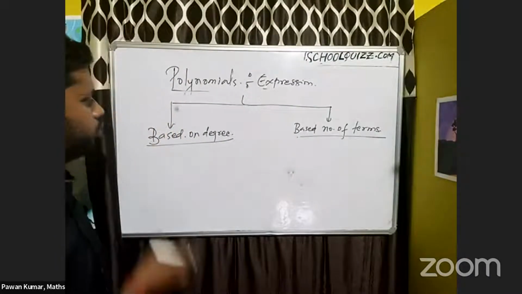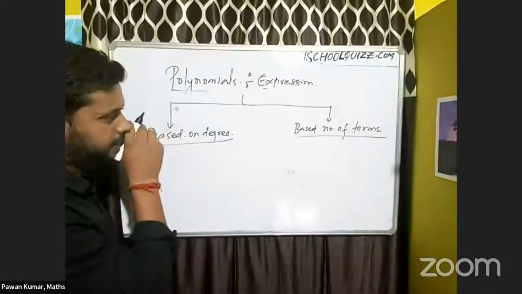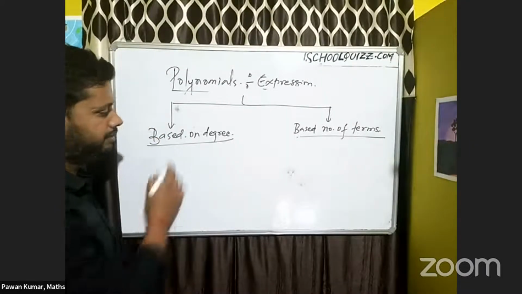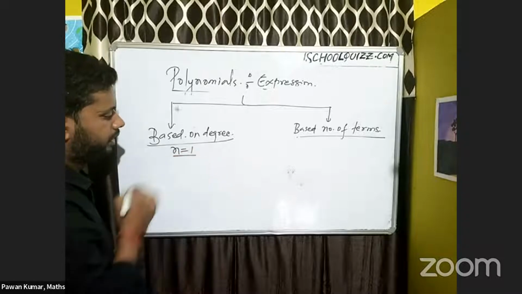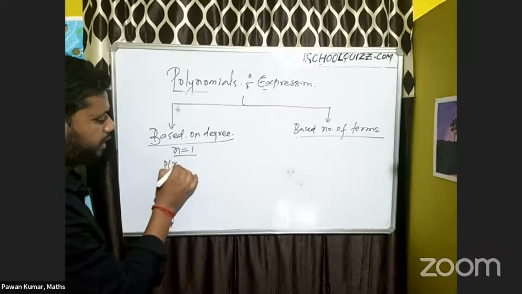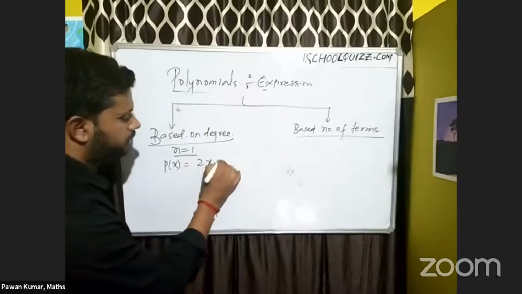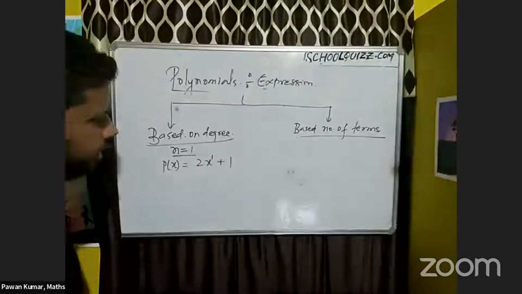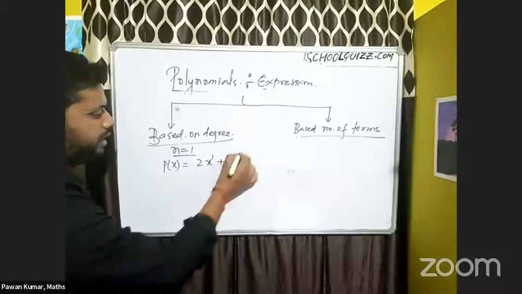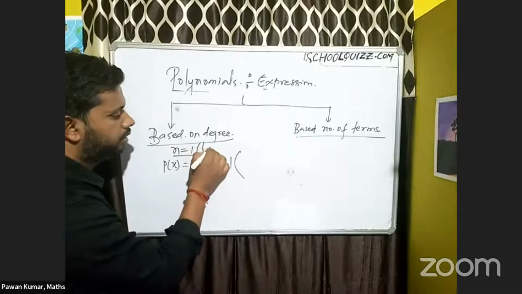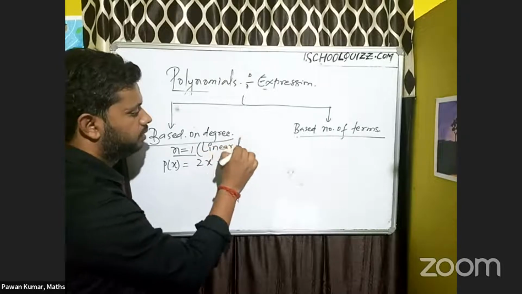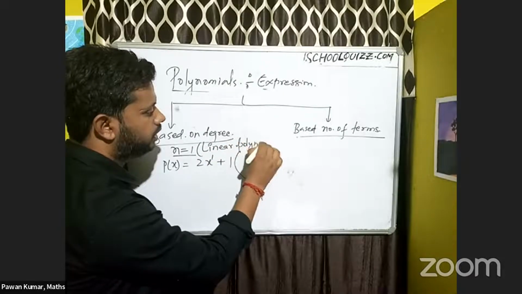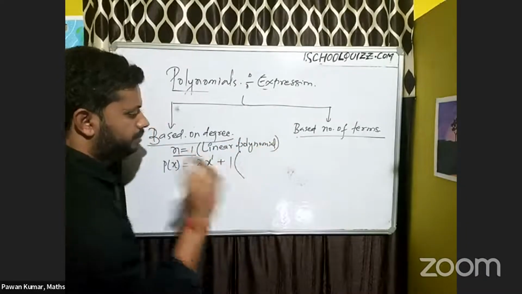Based on degree means, suppose degree 1, degree 1 means the highest power exponent will be 1. Like suppose p of x I am writing as 2x plus 1, here the highest power will be 1, that is called degree 1. And when it is degree 1, we call it a linear polynomial, okay?